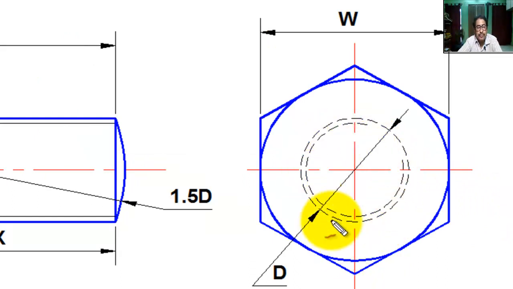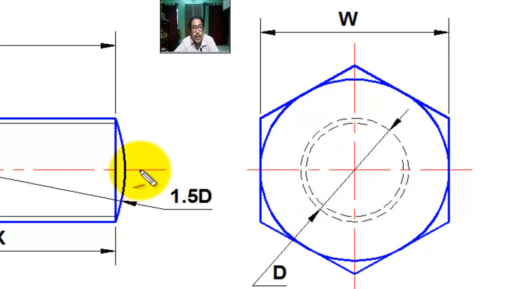Now we draw the side view. First, we draw the x-axis center line and y-axis center line.